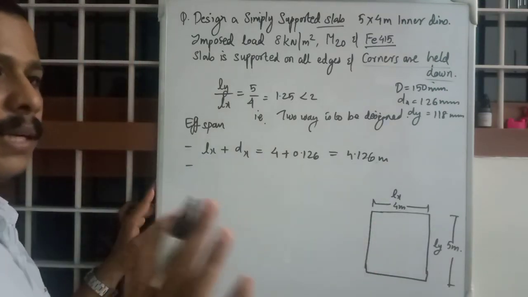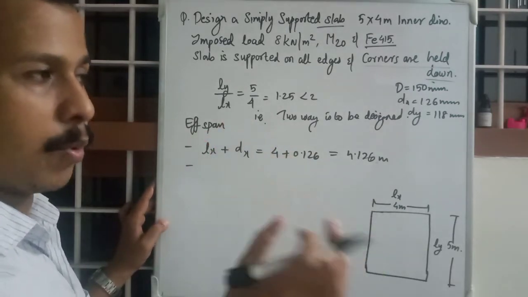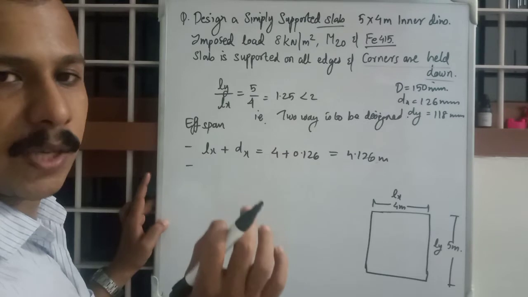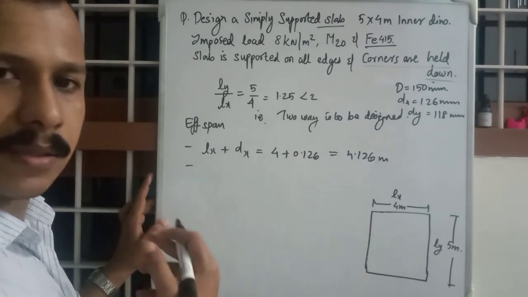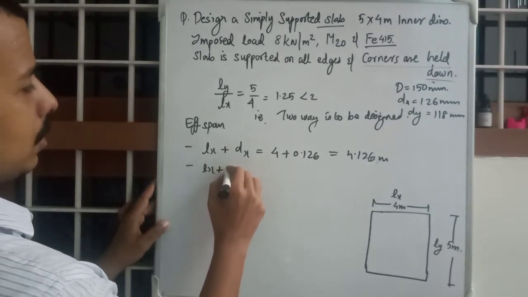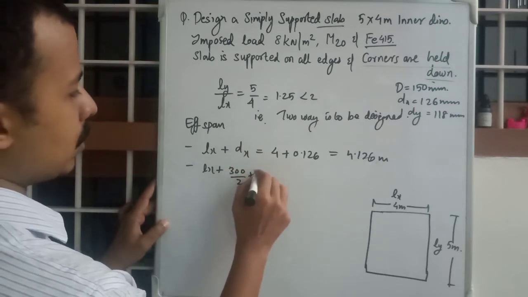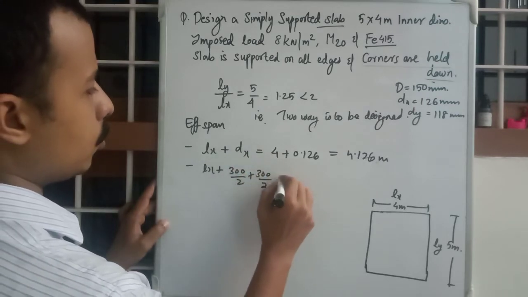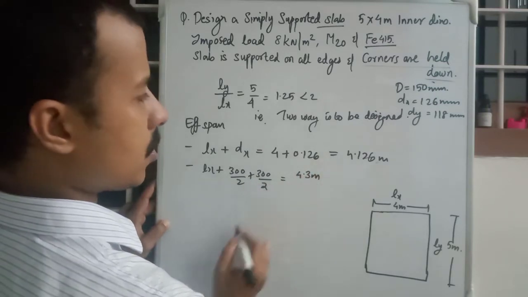The second way is center to center of supports. Suppose we assume a 300 mm dimension for the RCC column support, as we assumed in the last video also. So Lx plus 300 by 2 plus 300 by 2, you will get 4.3 meters.